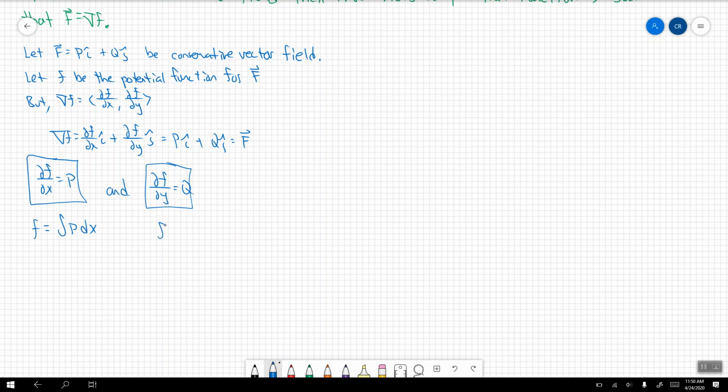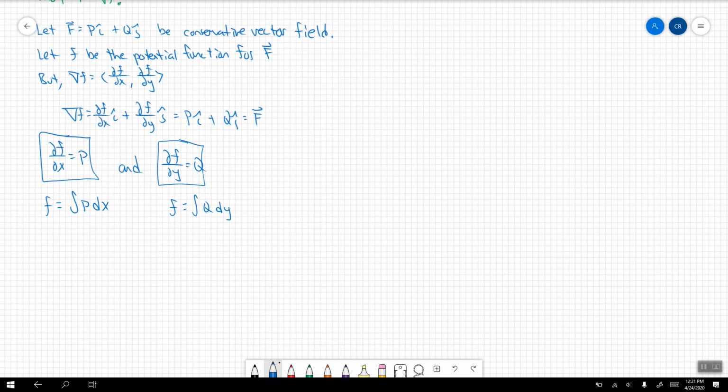Same thing here. If we want to find this function, all we do is take an antiderivative of that function Q with respect to y. In that sense, we're then going to be able to discover what that potential function is that we're looking for. So if we have a conservative vector field, then we're able to find these potential functions. And this is the key that we need for today.